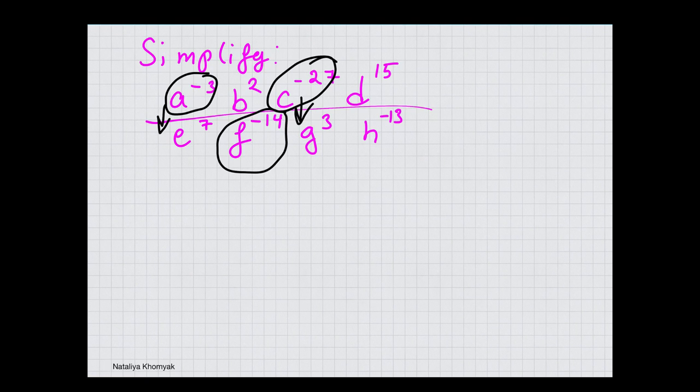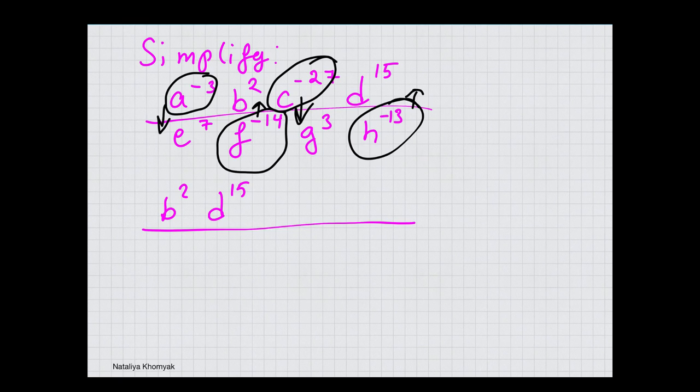F to the negative 14 will be moved into the numerator. So will h to the negative 13. Everything that has positive exponents will stay the same. So b to the second, d to the 15th will stay as they are. So will e to the 7th and g to the 3rd.